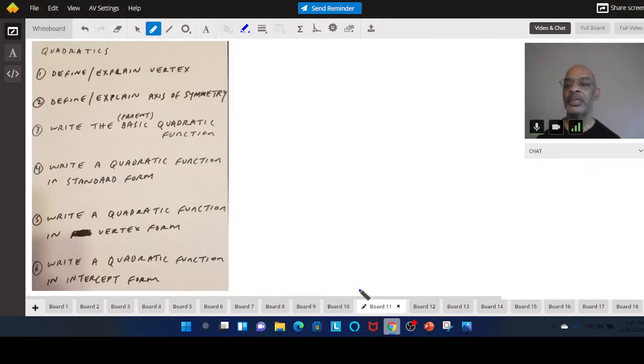The third exploration: write the basic quadratic function.